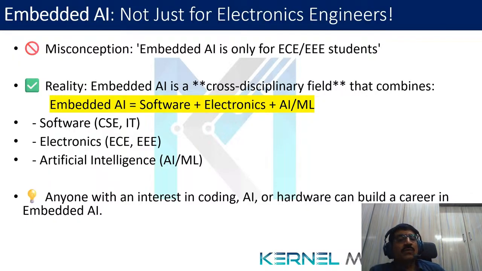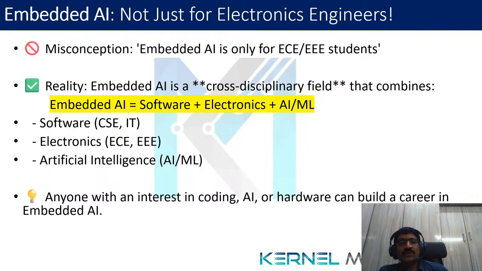Now you can see I told you embedded AI: software, electronics, AI and ML. Software means computer science involvement is there. Electronics people are the ECE and EEE graduates. Electronics graduates need to put effort into software, and software people need to put effort into electronics.